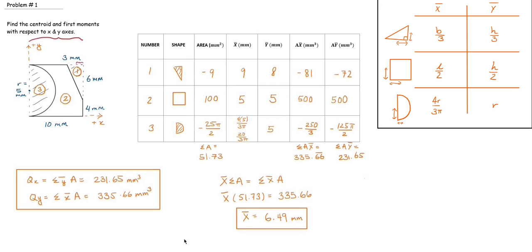And the equation to solve for the y component of the centroid is equal to the first moment about the x-axis divided by the total area, and finally, y bar is equal to 4.48 millimeters.